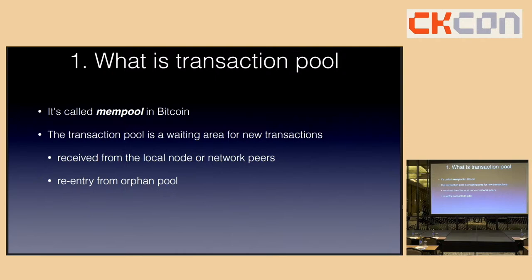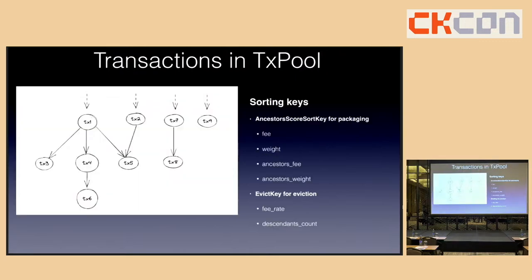A transaction may also be resubmitted to the transaction pool when a reorganization happens. So in essence, there are a lot of transactions stored in the pool, and some of them have relationships like parent and children.